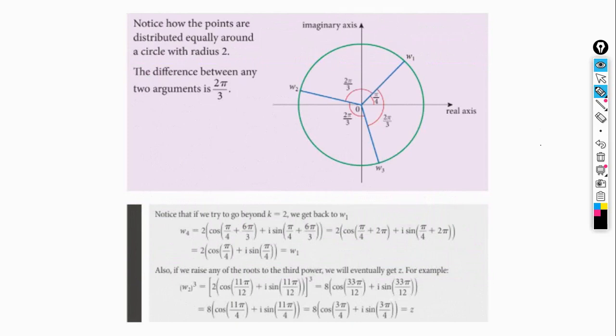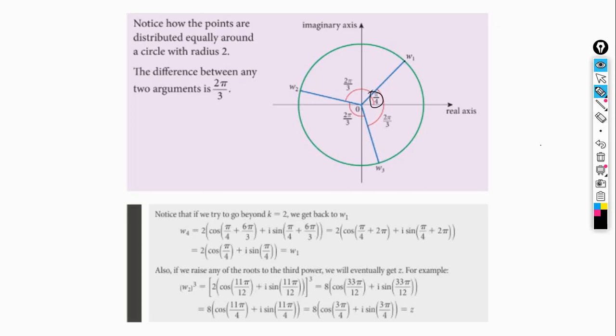So now look at the roots here in the complex plane. The first expression we found had argument pi fourths, and that's represented by W1. Notice that they form a circle because they have the same radius, or the same distance from the origin, which was the third root of 8, which is 2.